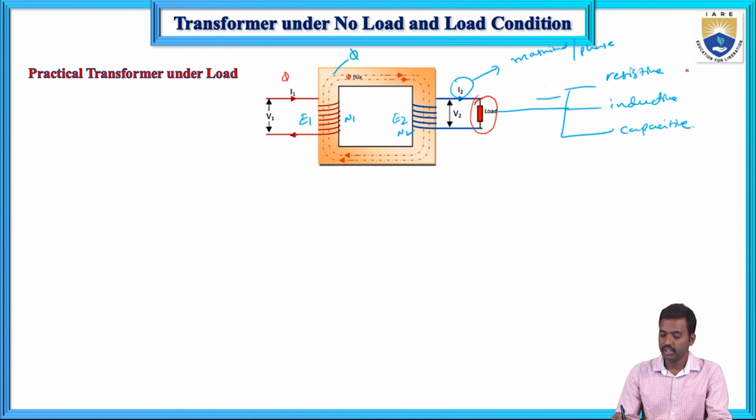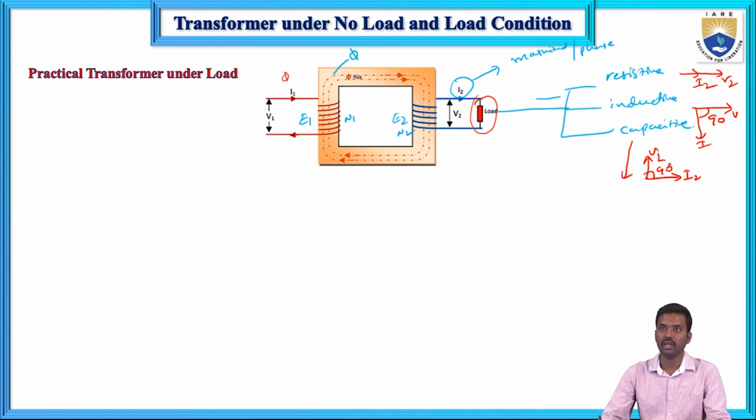Now if it is a resistive load, this V2 voltage and I2 current are both in phase. If it is an inductive load, current lags voltage by 90 degrees. And if it is a capacitive load, current leads voltage by 90 degrees.